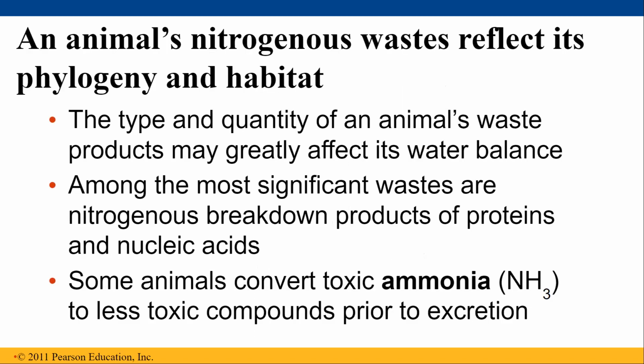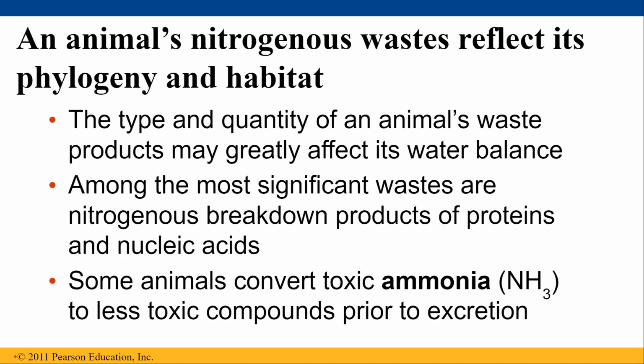When we look at nitrogenous waste, which is basically our pee, that's going to reflect the physiology of the organism and its habitat. And we're not going to get into that too much, but when we break down proteins, that's going to give off nitrogenous waste, and we need to get rid of that nitrogenous waste, which is primarily what we're going to excrete as urine.